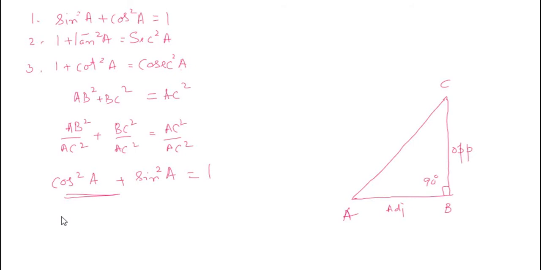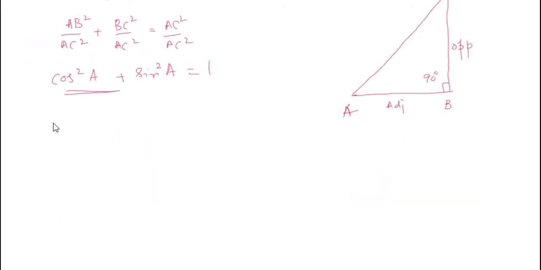Now the second identity. Let us again take Pythagoras theorem, which says AB square plus BC square is equal to AC square. Now let us divide every term by AB square. So AB square divided by AB square plus BC square divided by AB square is equal to AC square divided by AB square.